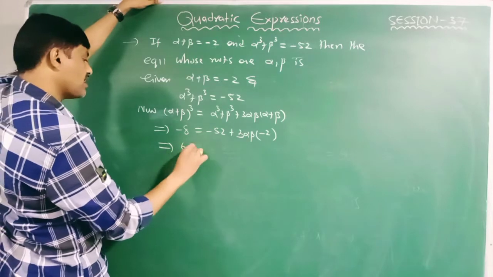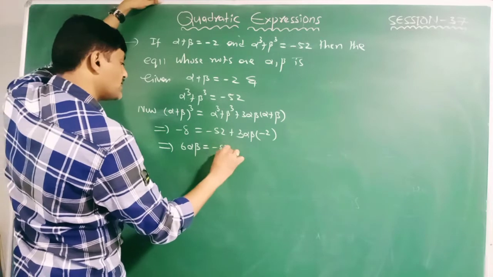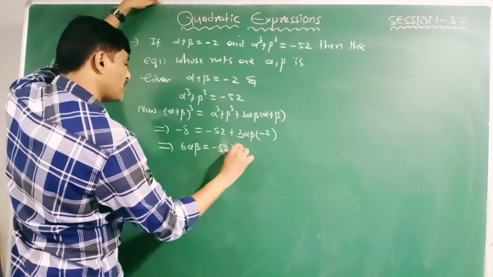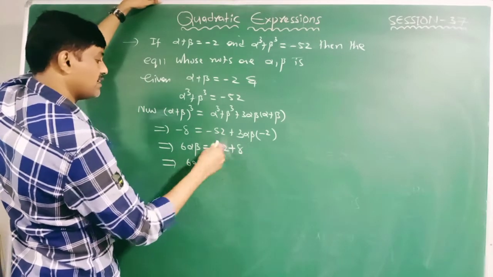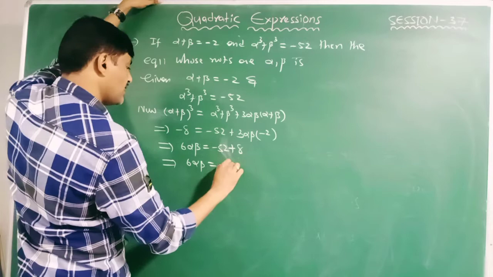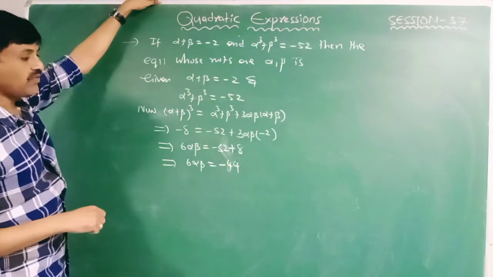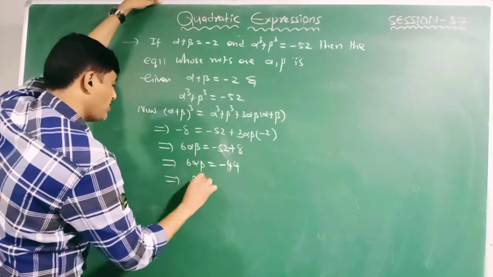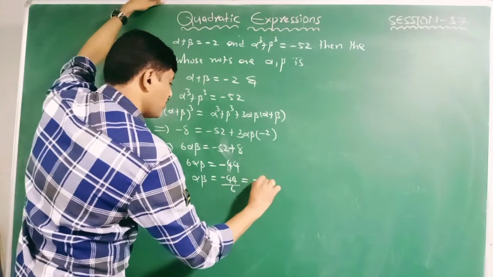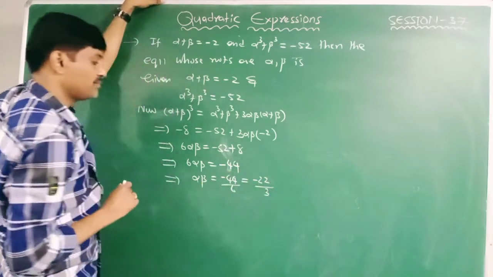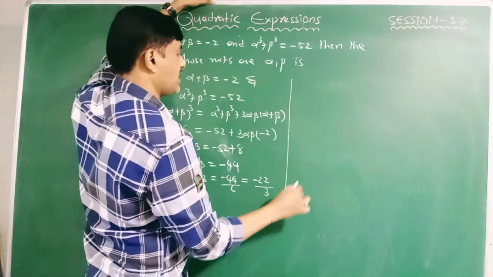Bring this side: 6 alpha beta is equal to minus 52 plus 8, which is minus 44. Now alpha beta is equal to minus 44 by 6, here minus 22 by 3.